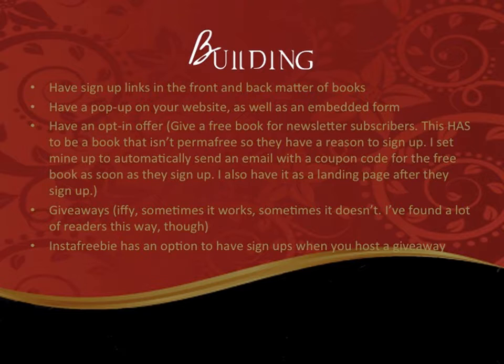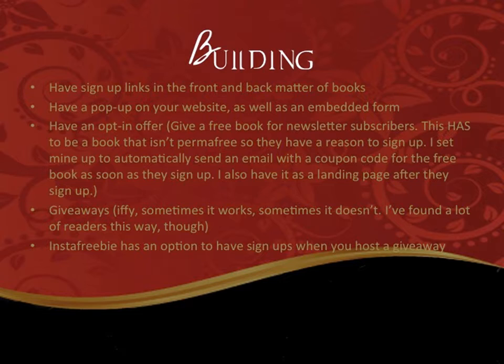Have a pop-up on your website as well as an embedded form. I have an embedded form that's a drop-down menu under contact that says newsletter. And my pop-up pops up every 45 days. So if you visit my website right now, it would pop up, and you could visit every single day 2 or 3 times a day, but it wouldn't show back up for 45 days.